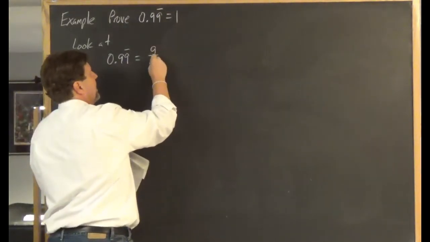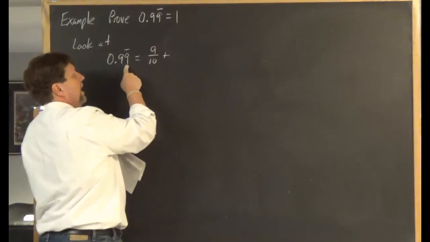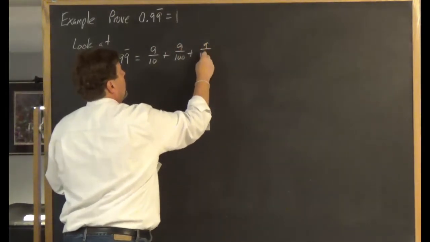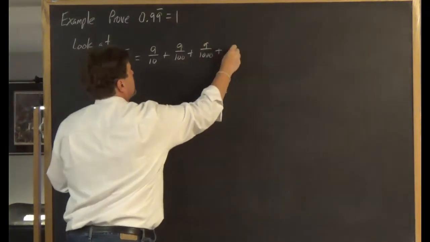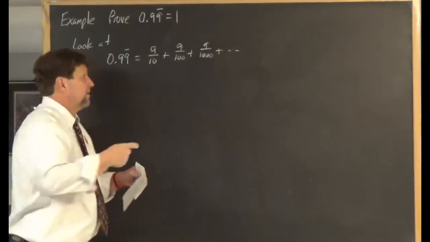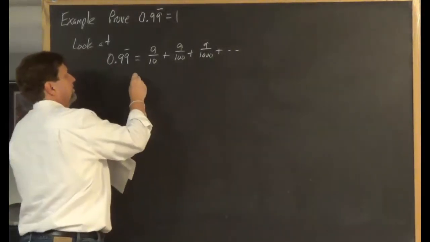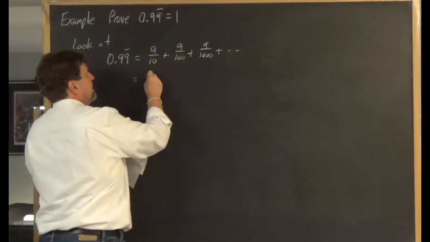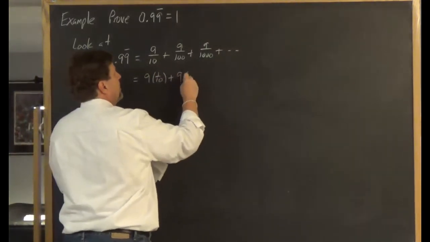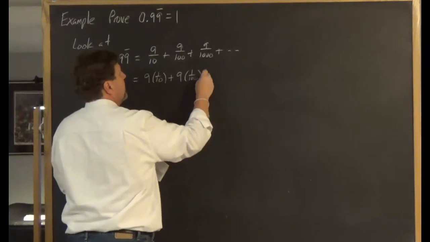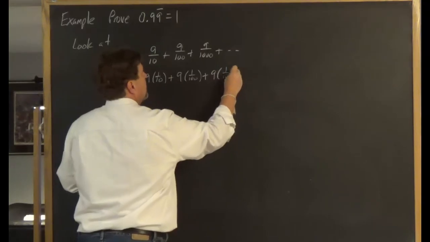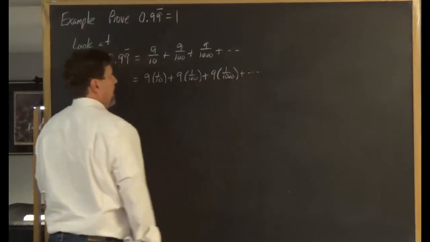So it's 9/10 plus 9/100 plus 9/1,000 plus yada, yada, yada. It's an infinite series. Now look at this. I could write this as 9 times 1/10, 9 times 1/100, 9 times 1/1,000, plus yada, yada, yada.